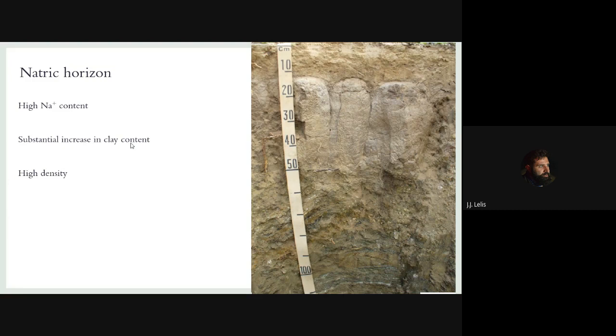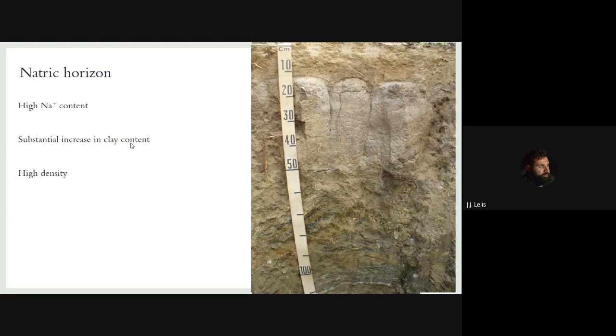So we can see an argic horizon in several areas around the world, especially in wet, tropical areas. But the natric horizon we can only see in dry regions under a semi-arid or an arid climate.